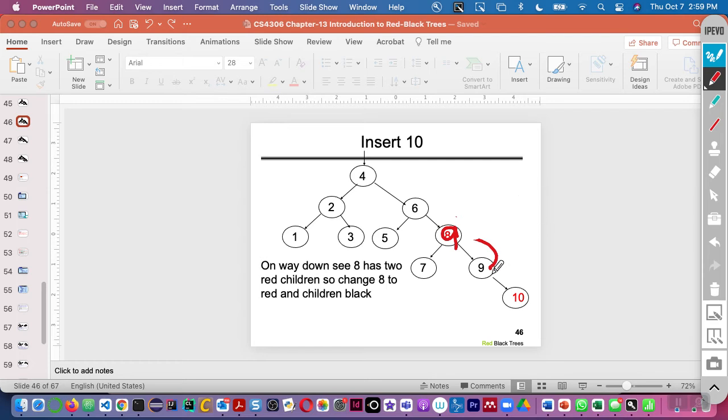Okay, now we need to delete this 9 over here, right? And this 9, if you want to delete a black node, then there are 6 cases. Remember that whenever we insert an element in a red black tree, we also check its uncle's color.